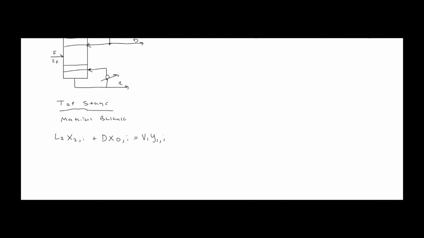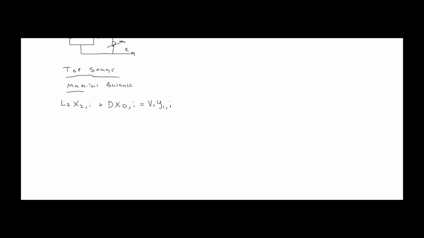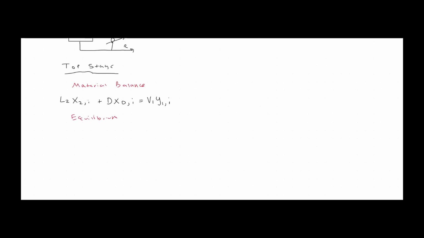All right, so as far as our equilibrium, let's do this. So this is our material balance, our equilibrium. For our equilibrium, as we go through all our other ones, this is going to involve our K value for all of our equilibriums.